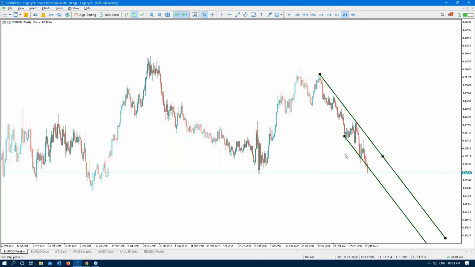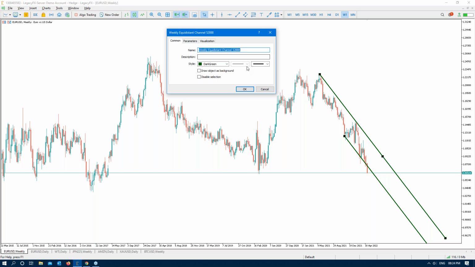Read your chart. So here we have, you can take the wicks in this case, but you can see that it's broken if you take the body. In this case here, everything closed inside and it's had several wicks through. This can fully pull back and still be inside the channel. So there's nothing wrong with this channel until it gets colored. If it closes outside in a downtrend, what does that mean?